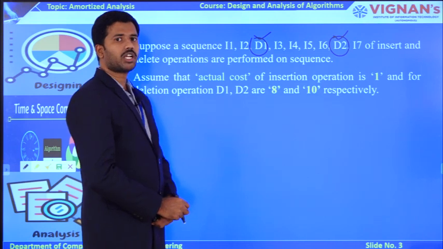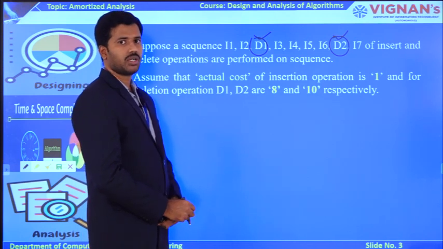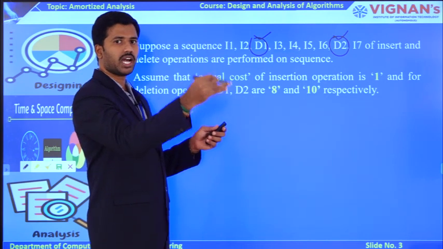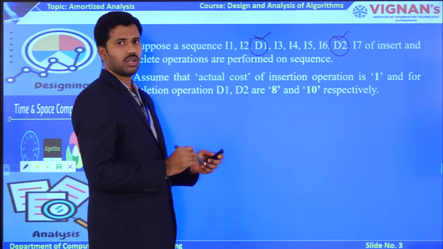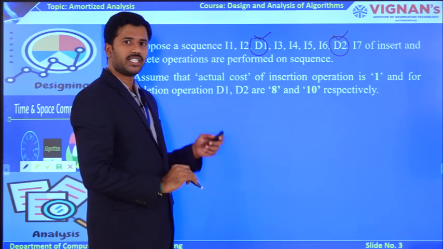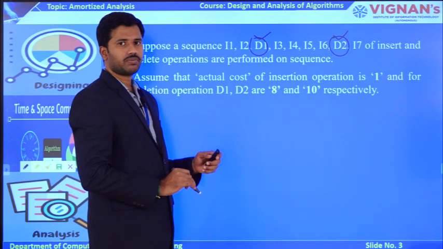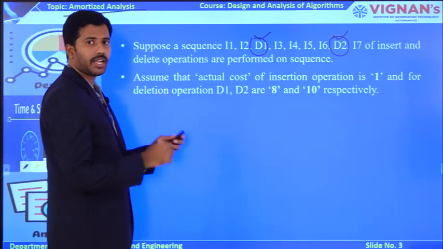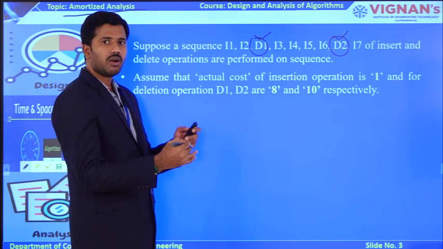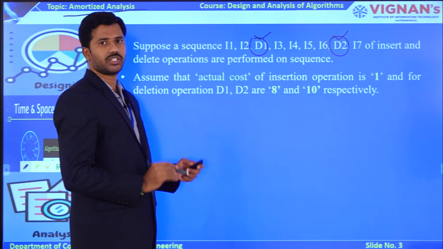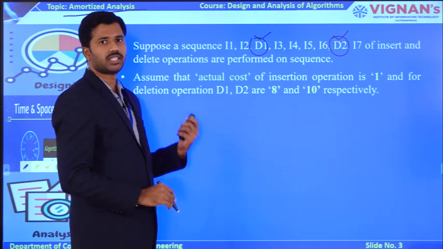That's why you require amortized analysis, to convert the worst case performance of an algorithm into average case. From worst case to best case, it is not possible. It is still an open problem. But by using this amortized analysis, you have the capability to convert worst case performance algorithms into average cases.